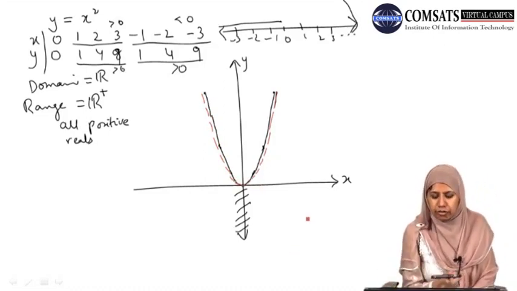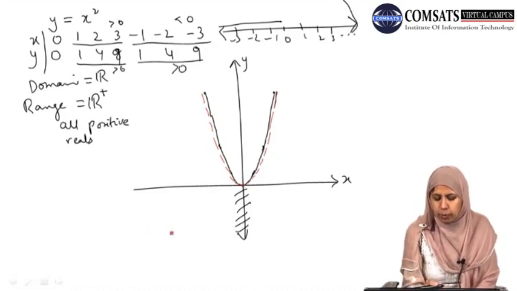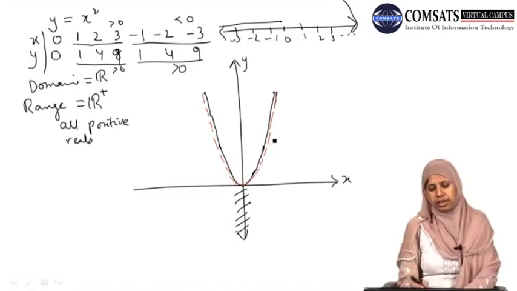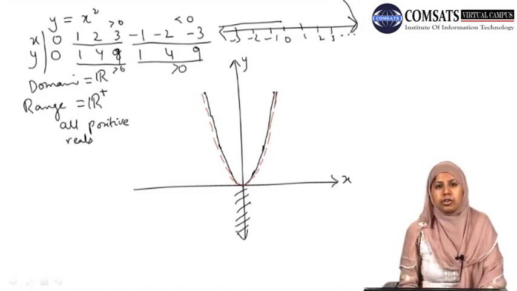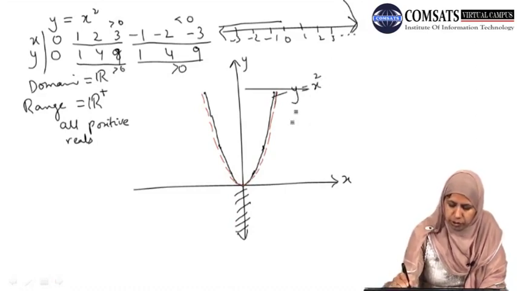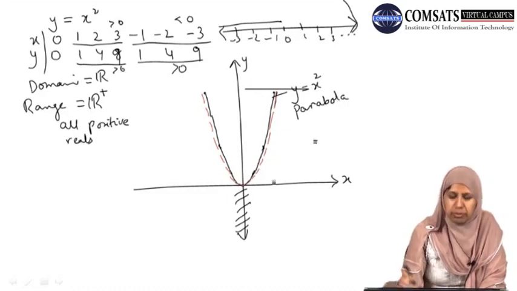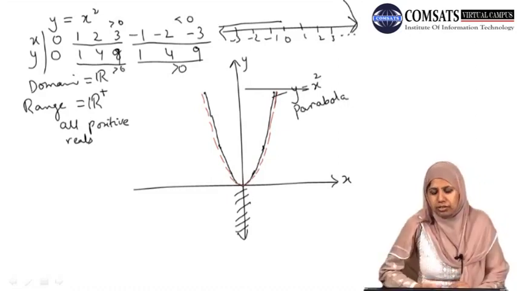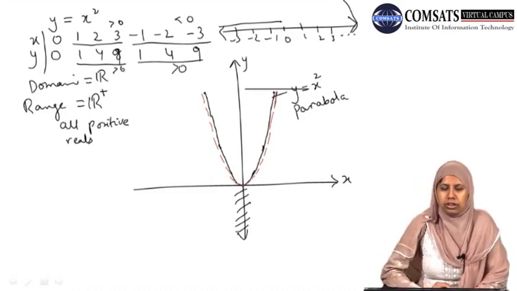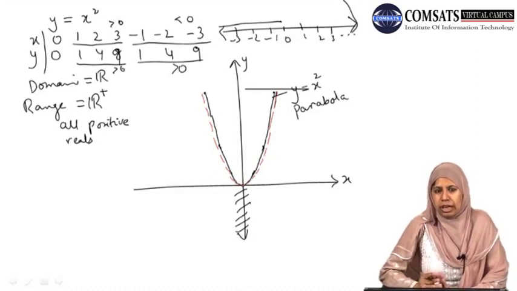In fact, it is a curve. It has some curve when it passes through the origin. And this curve is called a parabola. This is the graph of y is equal to x square and is called a parabola.